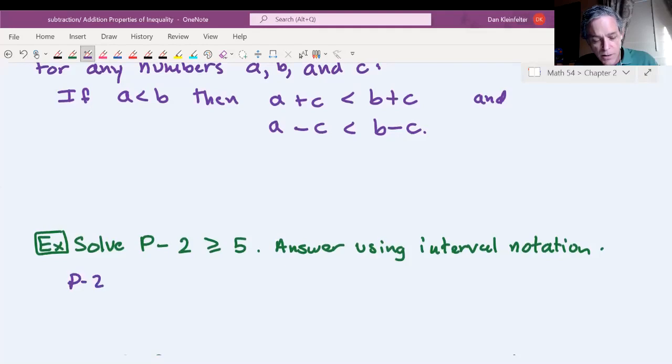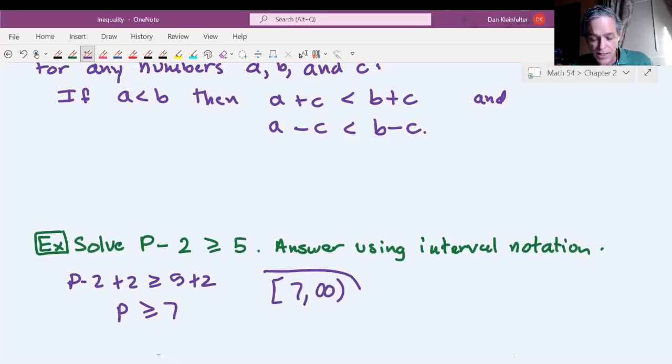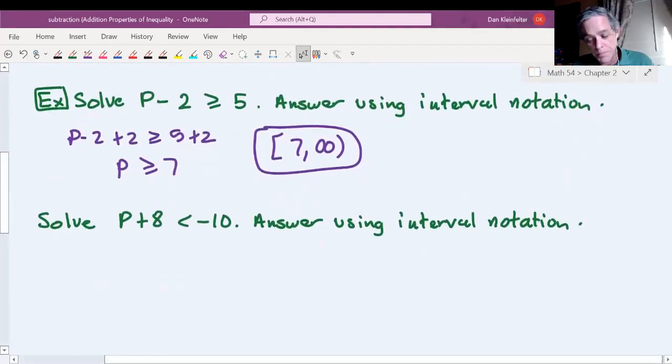So p minus 2 plus 2 will be greater than or equal to 5 plus 2. I've added 2 to both sides. That will give us p is greater than or equal to 7. Okay, so our goal, just as with equations, is to get the variable by itself. Here we needed to add 2 to both sides to make that happen. Our answer in interval notation is 7 up to infinity with a square bracket on the 7 side.